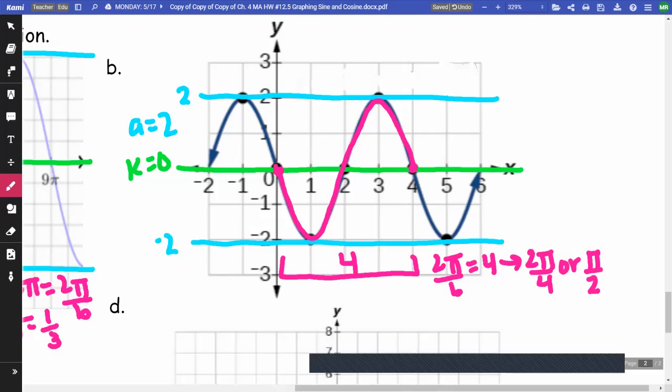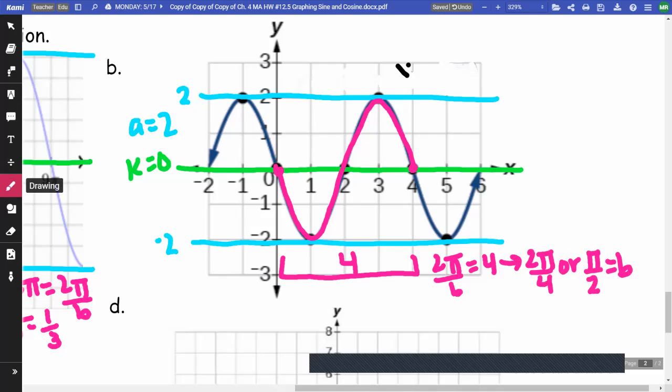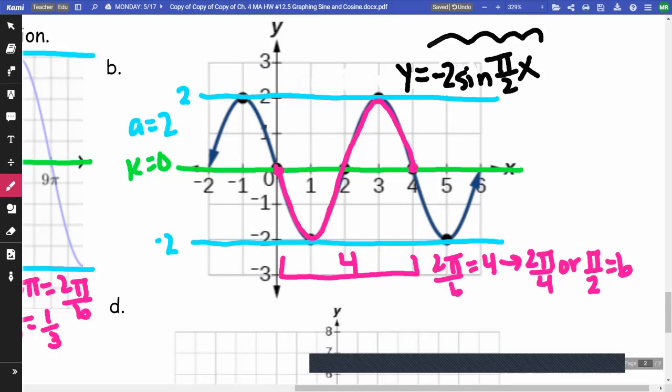My phase shift is going to be 0 because I'm going to start at 0. So y equals, and mine is going to be negative because I'm going down first, sine of pi over 2 x, and that's my equation.